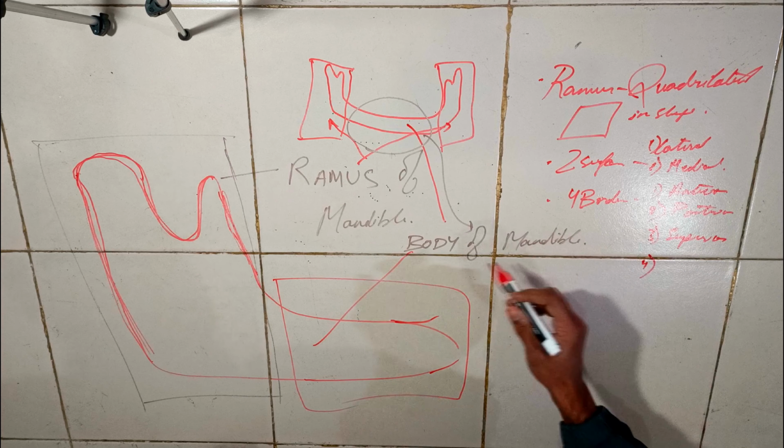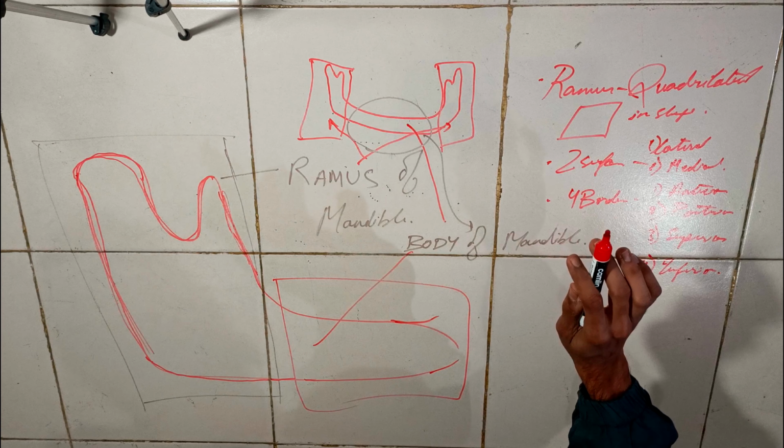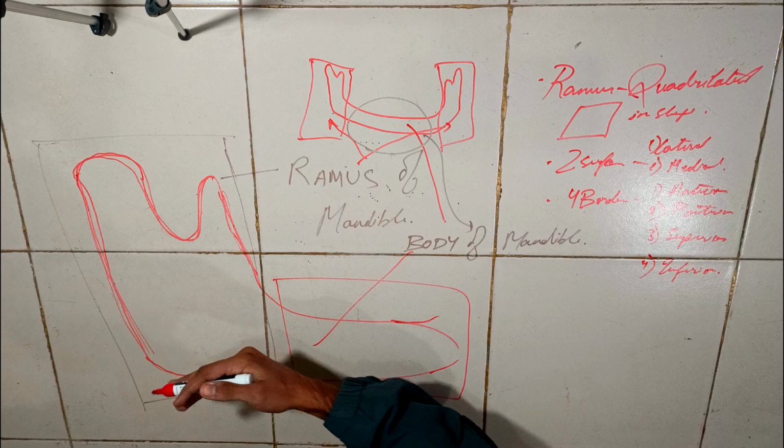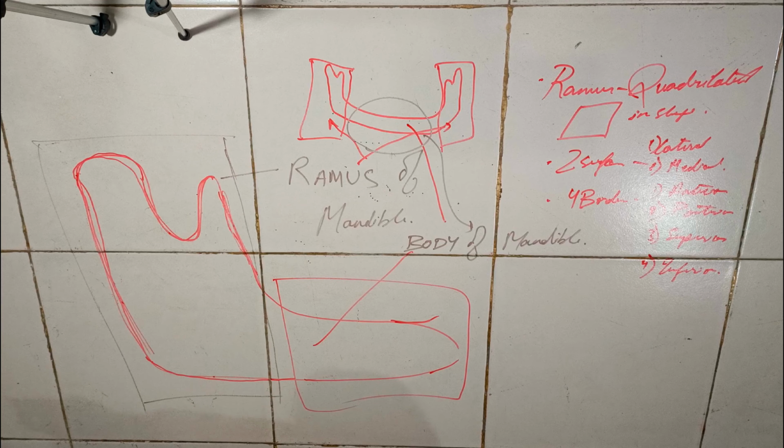And this one is the inferior border. So two surfaces, lateral and medial, four borders, anterior, posterior, superior and inferior.